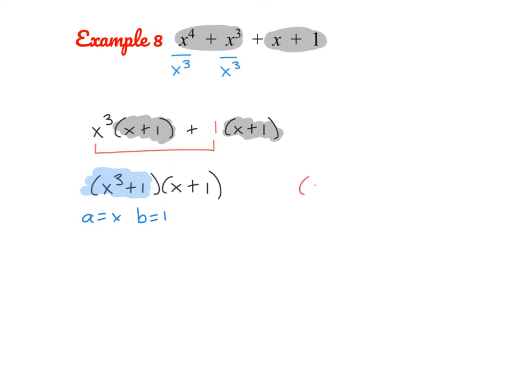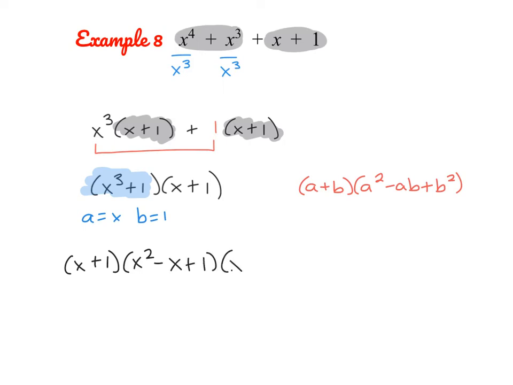And here's our formula again, a plus b times a squared minus ab plus b squared. So we have x plus 1 times x squared minus x times 1, which is just x, plus 1 squared, which is 1. And then we have that final x plus 1 here as well.